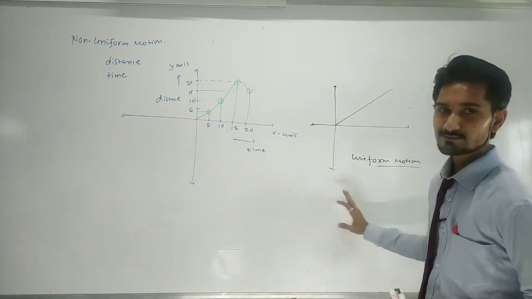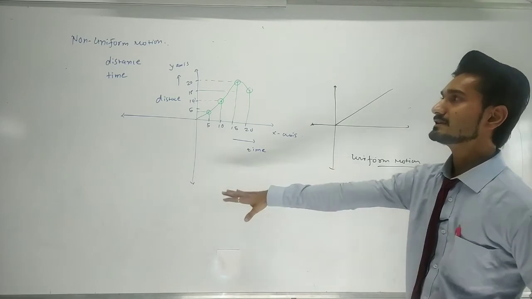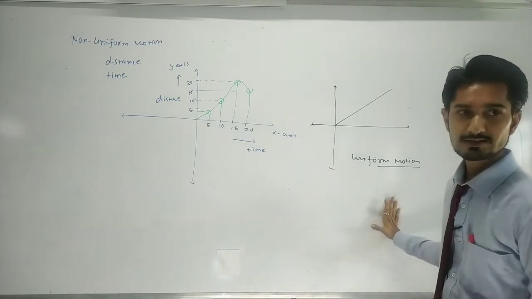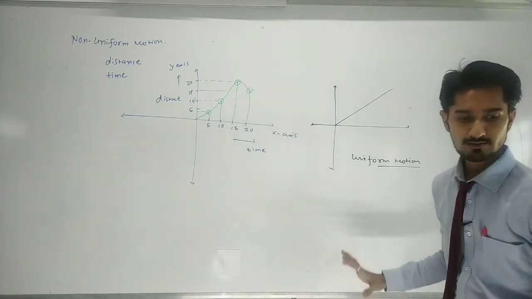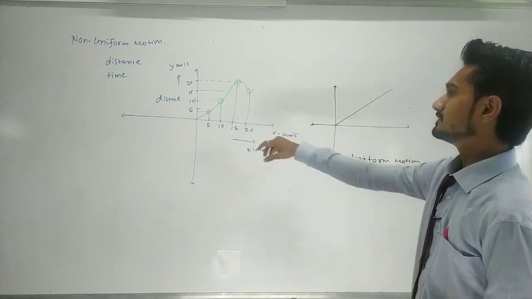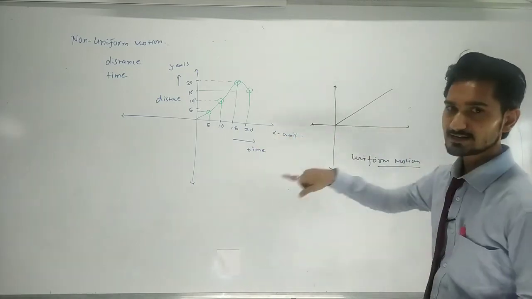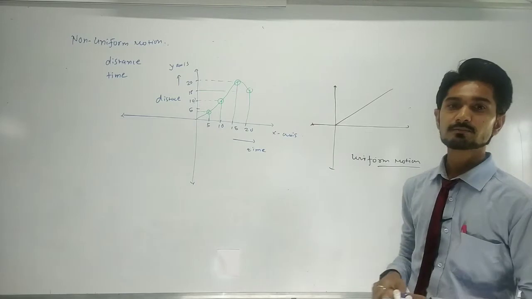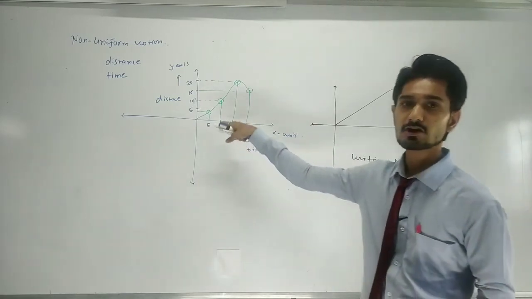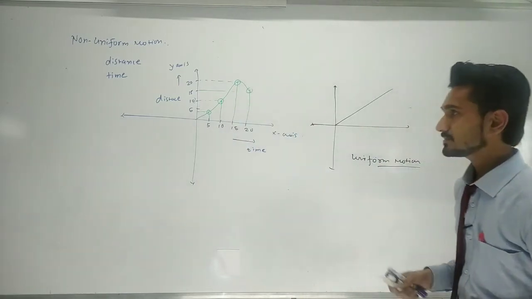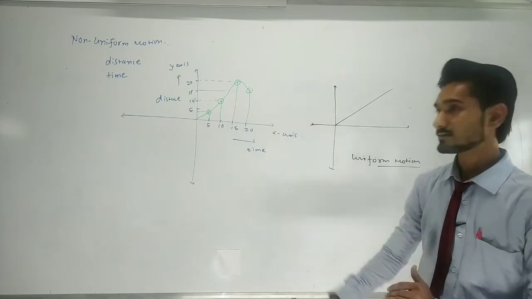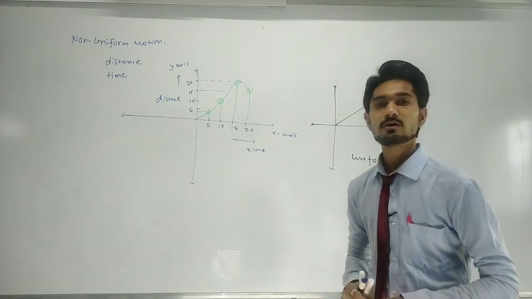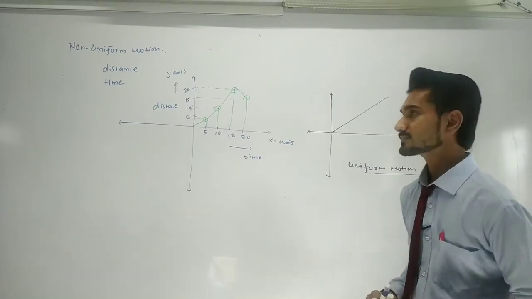As you can see, this is the basic difference between non-uniform motion and uniform motion. This is the straight line path, and this is the curved line path that is represented by non-uniform motion.